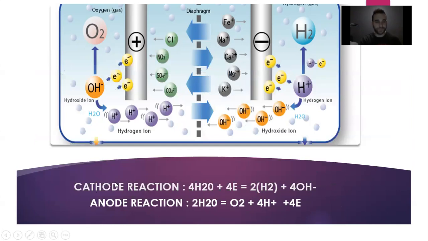This little equation just explains what's happening. For every 4 H2O molecules, for every 4 electrons that are given off, we create 2 H2 molecules plus 4 hydroxides.